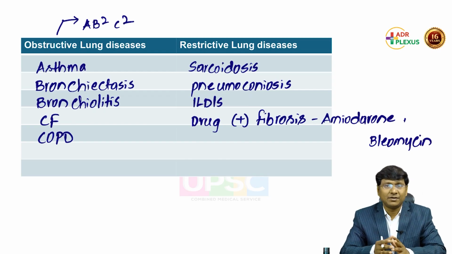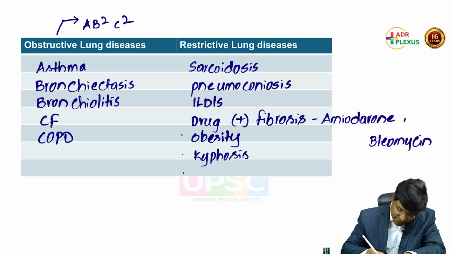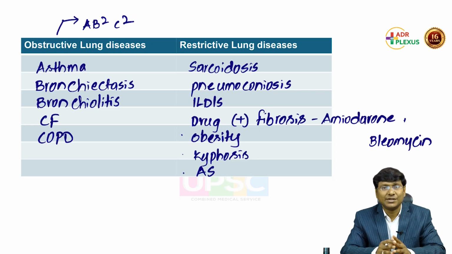And apart from pulmonary pathologies, we have some extra pulmonary pathologies also which will be causing restrictive lung diseases. These extra pulmonary pathologies include obesity, spinal cord disorders like kyphosis or kyphoscoliosis, then connective tissue disorders like ankylosing spondylitis, where the individuals will have mainly upper lobe fibrosis, and another important pathology is that there will be complete fusion of the vertebra and thereby the entire rib cage will not expand, resulting in restrictive lung diseases.